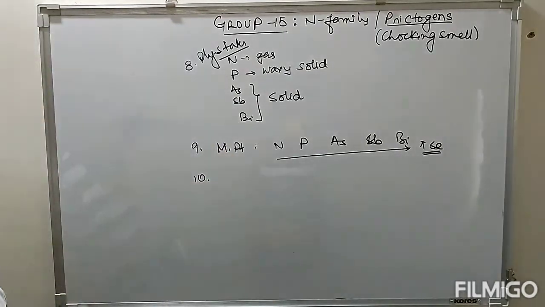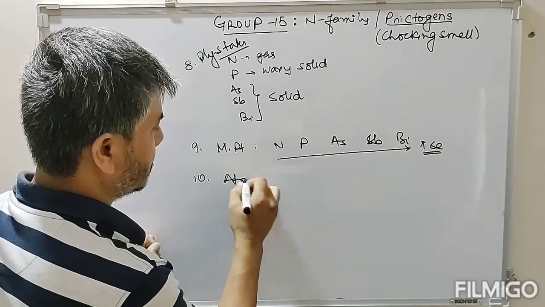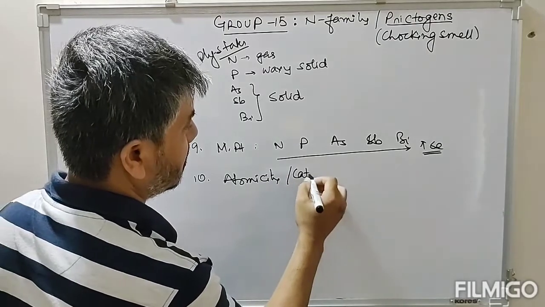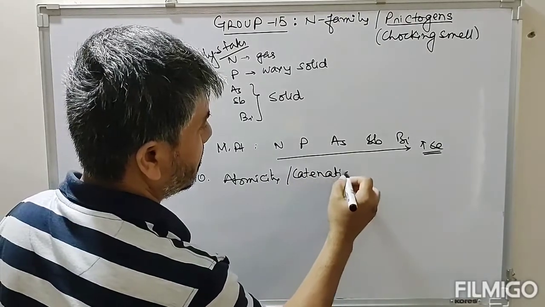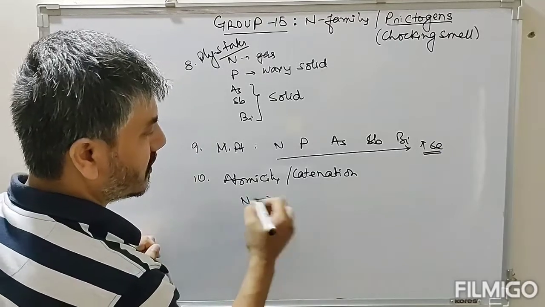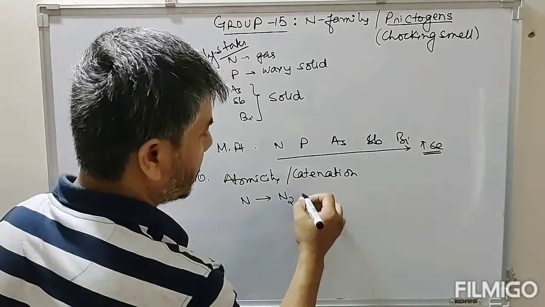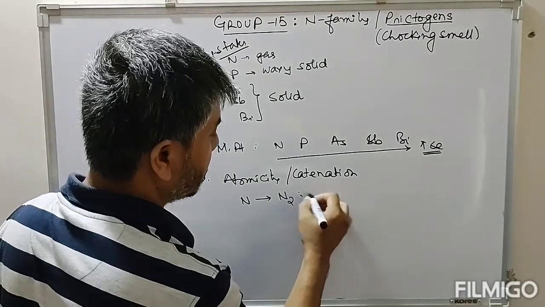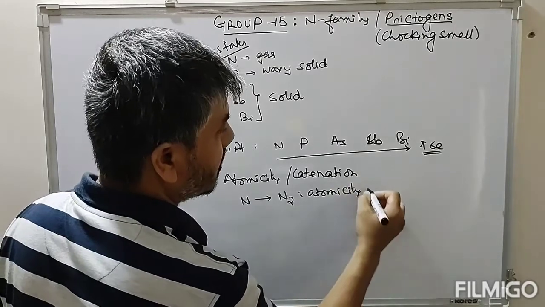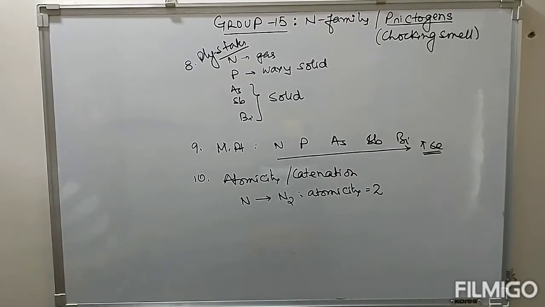Then the atomicity or the catenation. So we have the first element, nitrogen. Nitrogen exists as N2 gas, so the atomicity is equal to 2, nitrogen is diatomic.